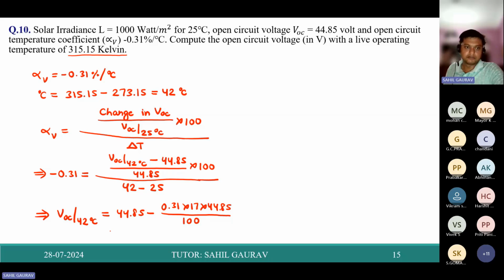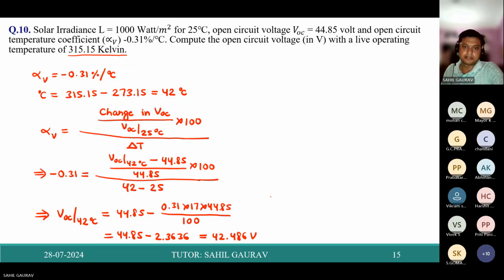So it will be 44.85 minus 2.3636, which is 42.486 volt.